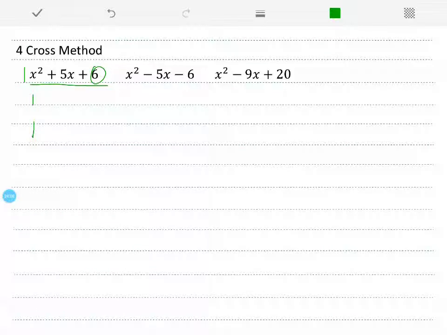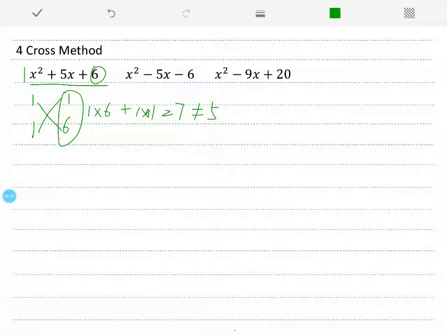There might be two ways. One is 1 times 6, but then you cross multiply. So you diagonally multiply 1 and 6, and 1 and 1, then add them together. So 1 times 6 plus 1 times 1, which equals 7. It doesn't equal 5.